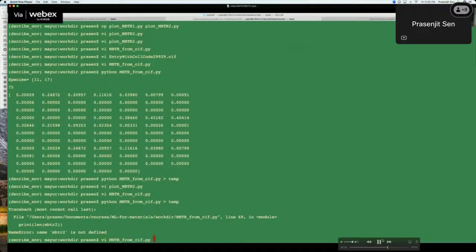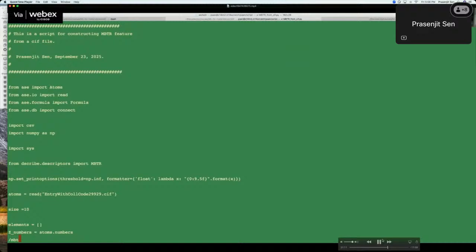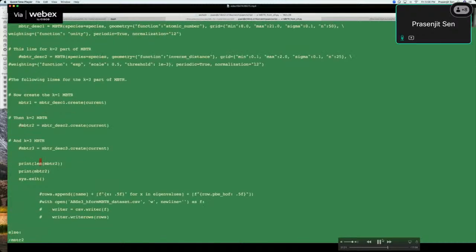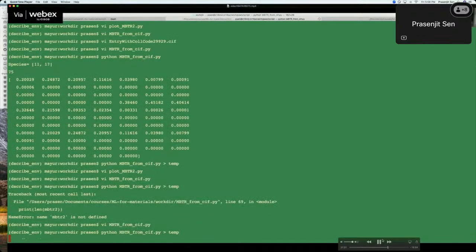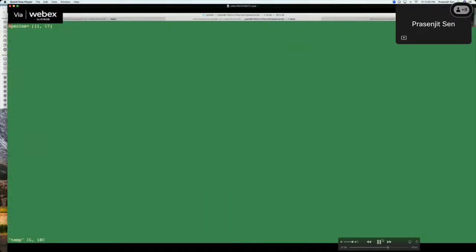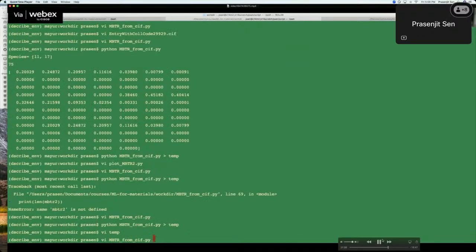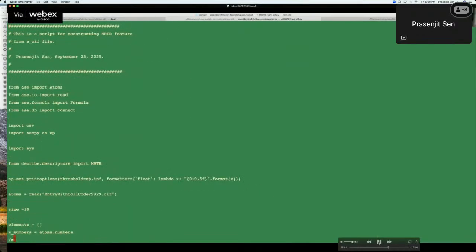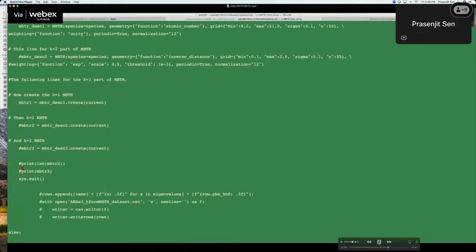Okay, I was trying to print something which is not calculated. Yeah.